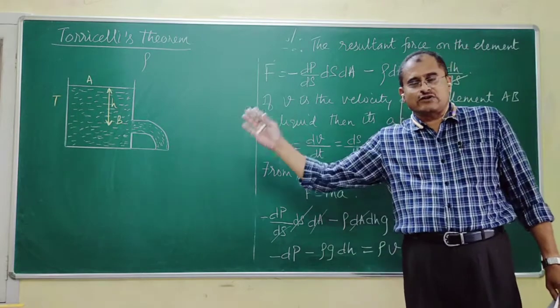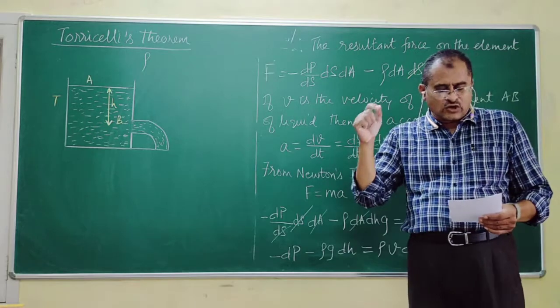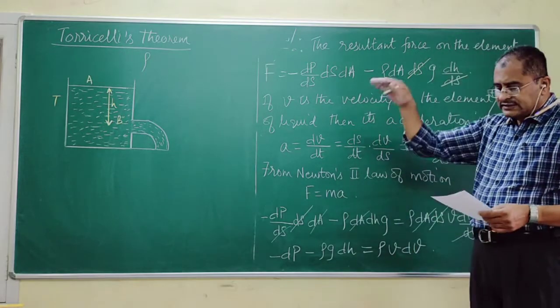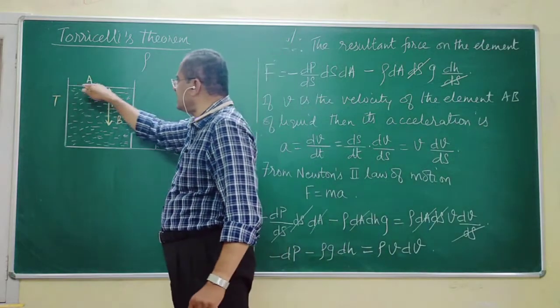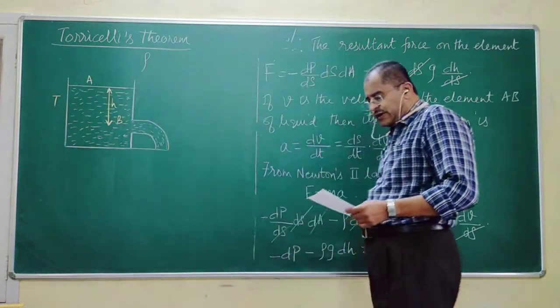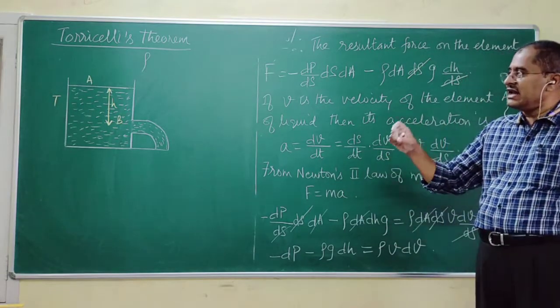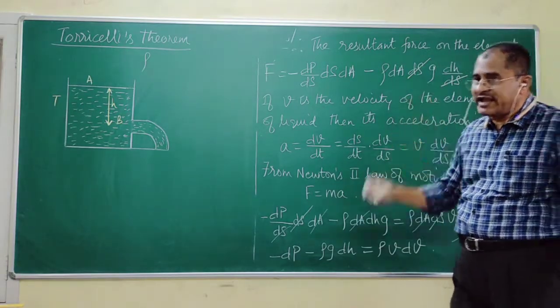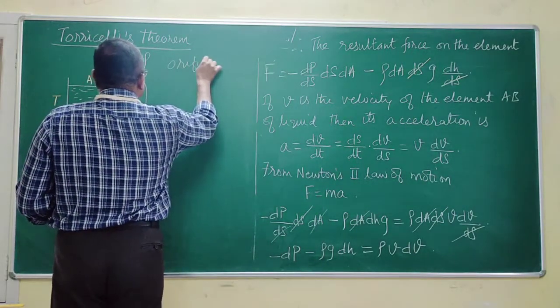The vessel is denoted as T and it contains a liquid of density rho. Let this be the surface of the liquid. The surface of the liquid is at a height h above the level of the orifice at B. When I say orifice, I am writing here orifice.